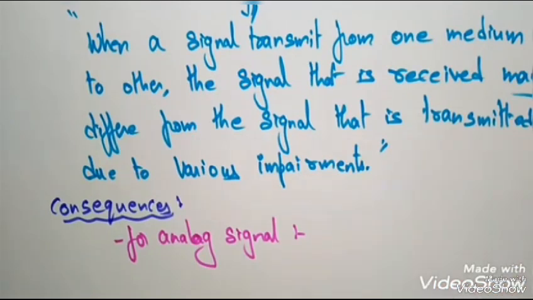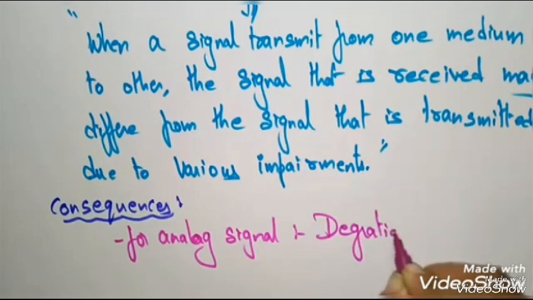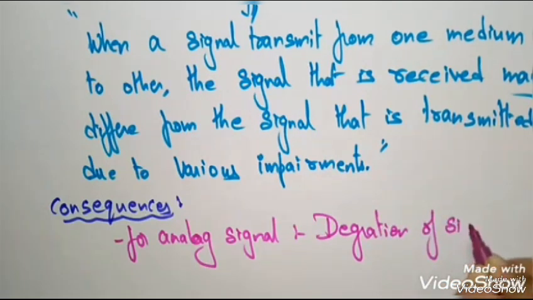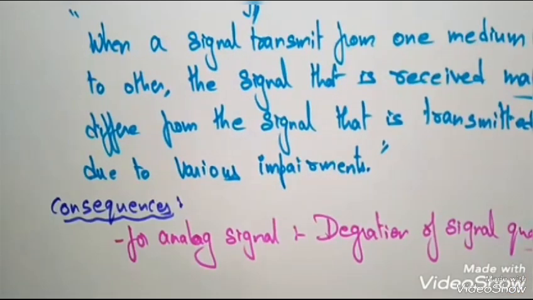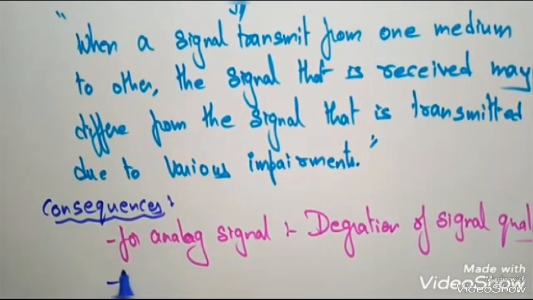Usually the analog signal is transmitted in electromagnetic waves, and the quality of the signal may degrade. Degrade means reducing the quality, while upgrade means improving it in a higher manner. So degrade means it reduces the quality of the signal. This is the consequence for analog signals.